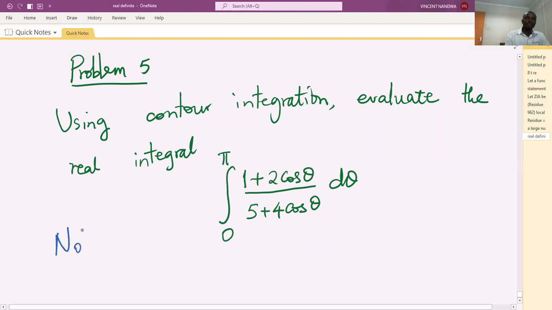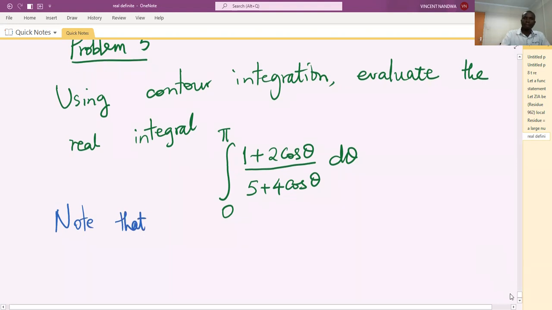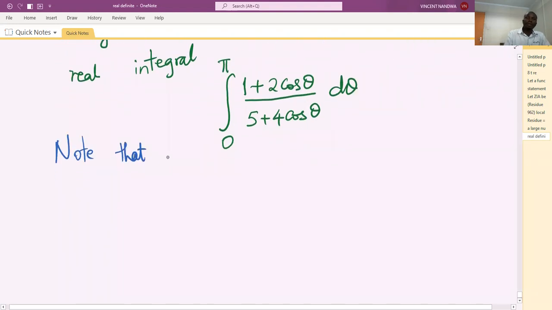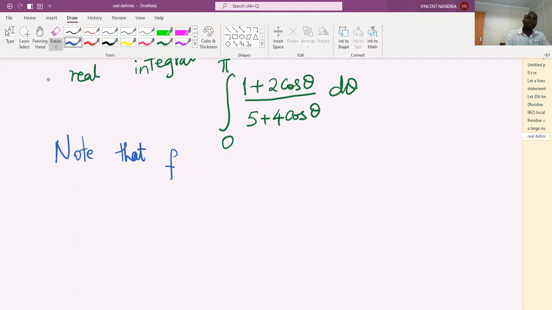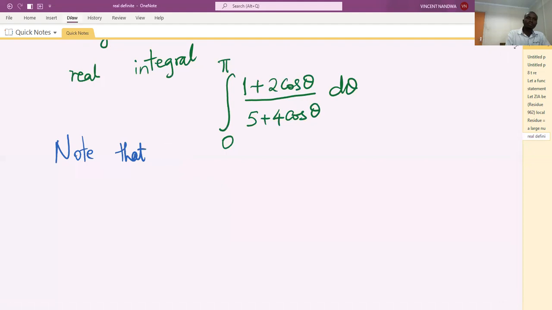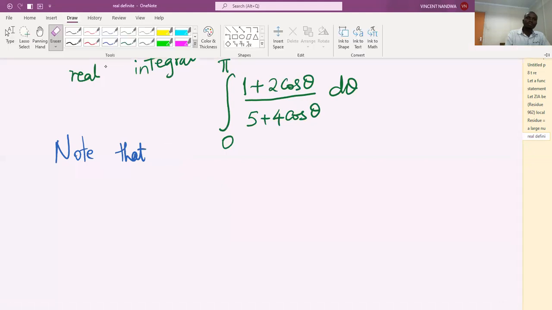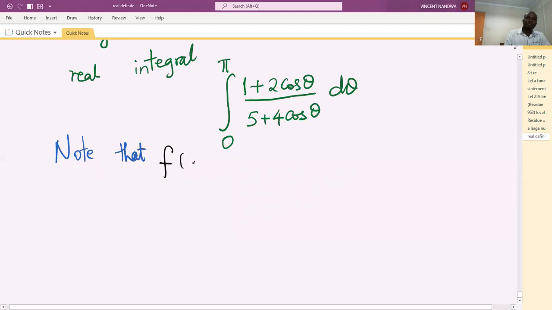So note that f of theta sine theta, i.e. the integrand here, is an even function.